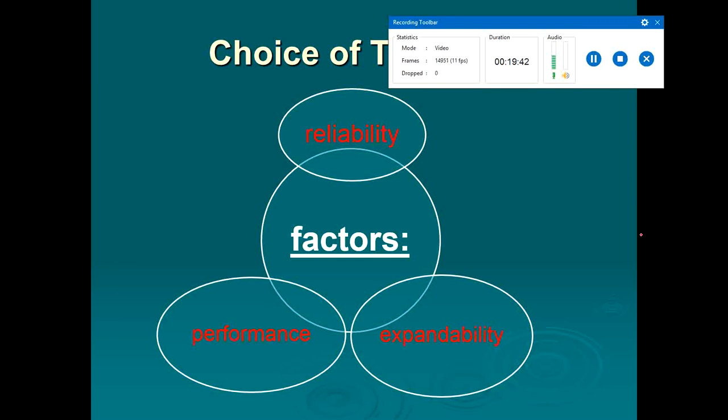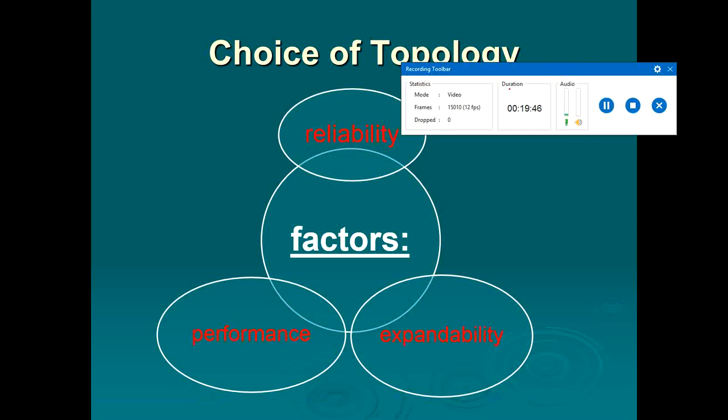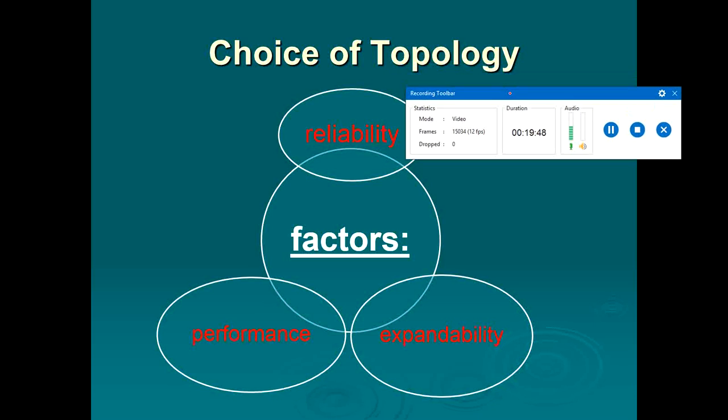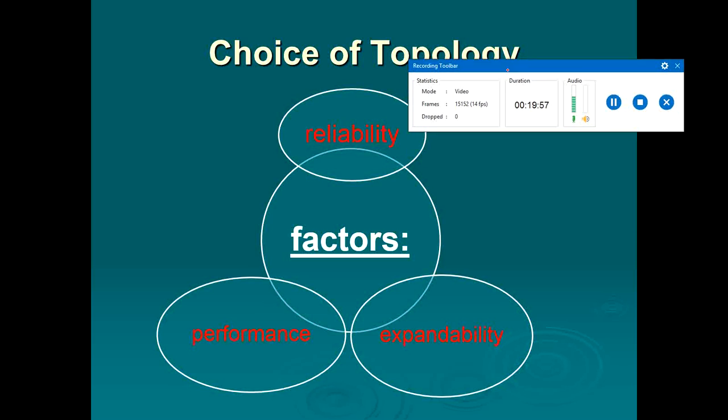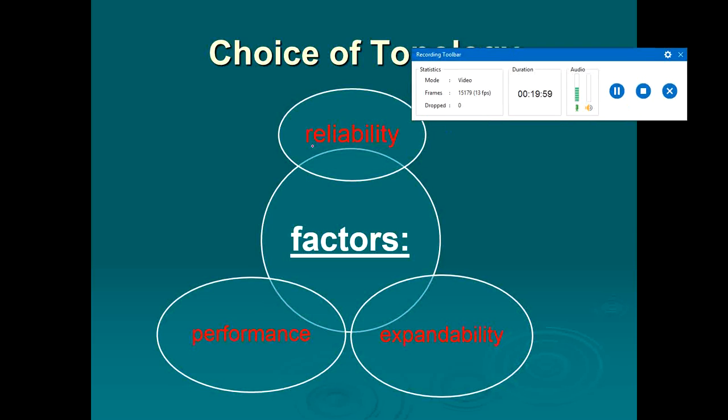Alright, so let's talk about the choice of topology. We may choose any kind of topology when we are designing a LAN, but the choice depends upon three factors. First one is reliability. We need to think how reliable my LAN will be if I choose a particular topology.